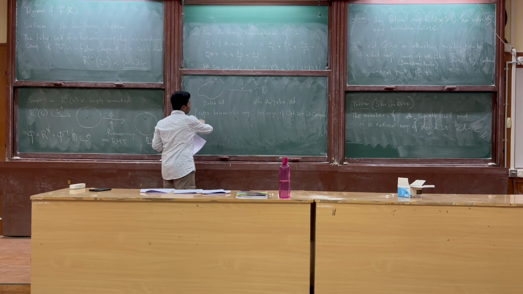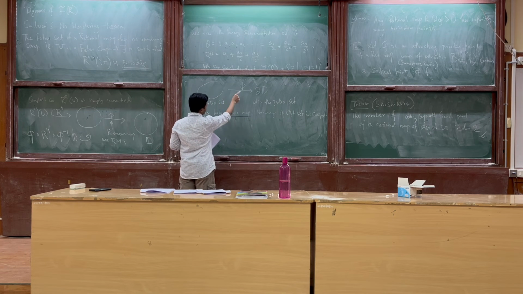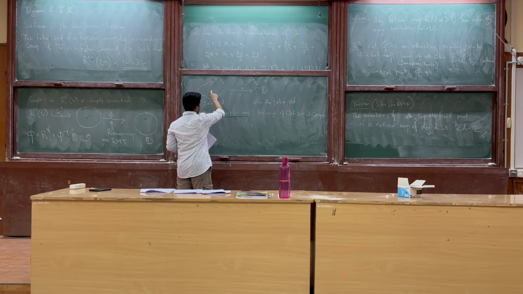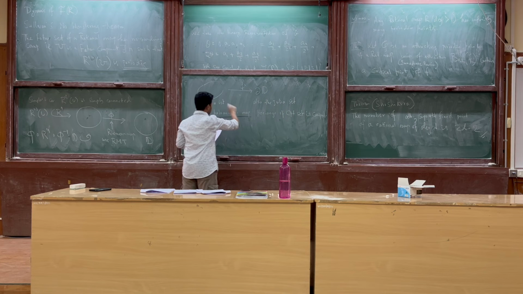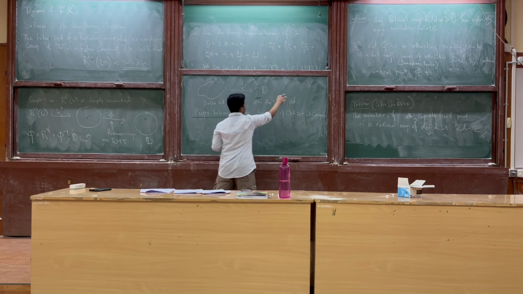These proper holomorphic maps have the property that the boundary goes to the boundary. So the Julia set will go to the Julia set. So it is enough to study the dynamics on the closure of D.